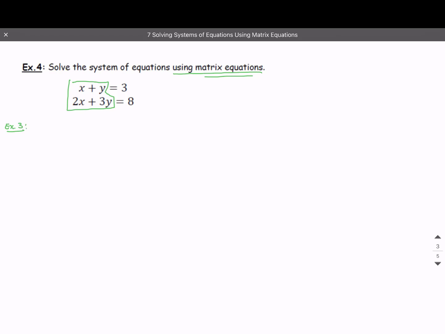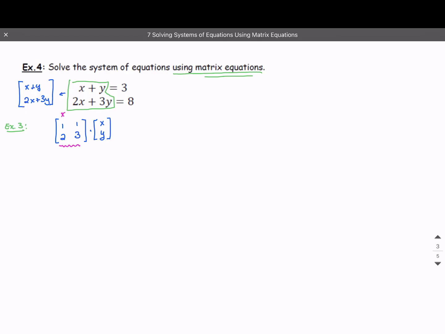In example 3, we had that [1, 1; 2, 3] times the matrix [x; y], right? That gave us the matrix [x plus y; 2x plus 3y]. So what we have is a matrix with the coefficients.